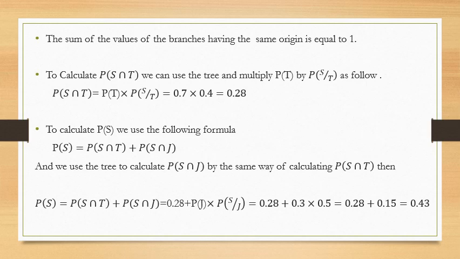This will be translated by probability of S equal probability of S intersection T plus probability of S intersection J. We can use the tree diagram to calculate probability of S intersection J the same way we calculated probability of S intersection T. So probability of S is probability of S intersection T plus probability of S intersection J, which is 0.28 plus probability of J times probability of S, knowing that it's J, which is 0.28 plus 0.3 times 0.5. 0.28 plus 0.15 is 0.43.